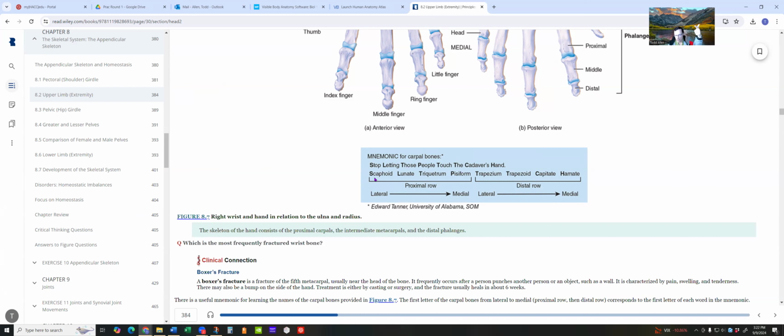Proximal is scaphoid, lunate, triquetrum, pisiform. S for scaphoid, so the S corresponds to stop. L for lunate corresponds to letting. T for triquetrum corresponds to those. P for pisiform stands for people.